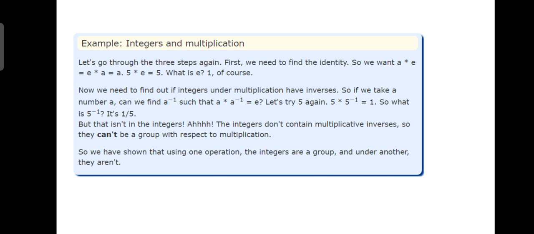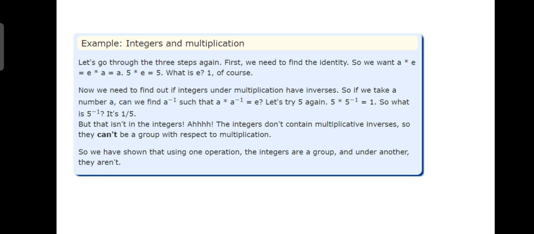Next is associative. Associative is a property which is always satisfied, so we don't need to show it for each and every number. Next, the third property is existence of identity. Any number multiplied by 1 will give the number itself. So here our identity element will be 1.